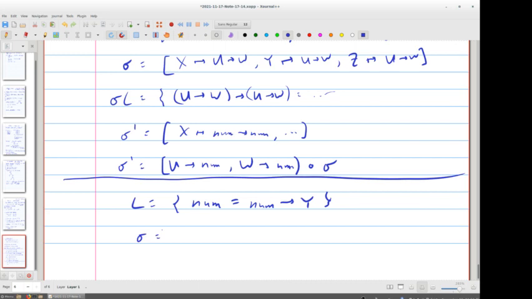Now what's our principal unifier? The only variable is y, so num equals y. Okay, let's try it. So let's say we map y to num.